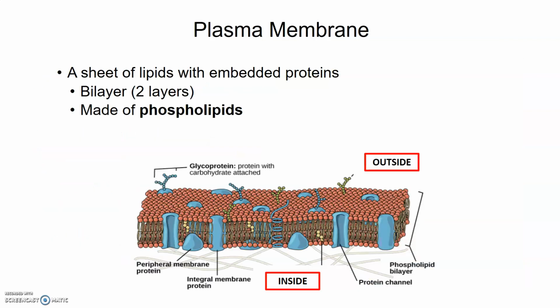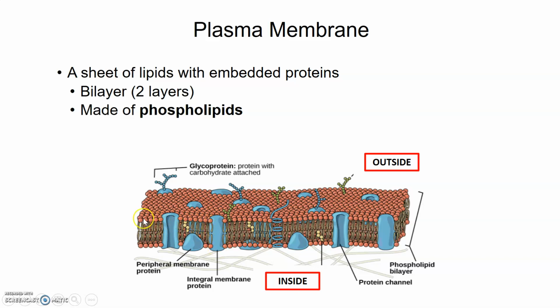So before we get into the inside of the cell and start talking about all those organelles, we're going to start at the outside, or the plasma membrane. The plasma membrane is a sheet of lipids, which you can see here in red and yellow. And that sheet of lipids has embedded proteins, which are in blue.